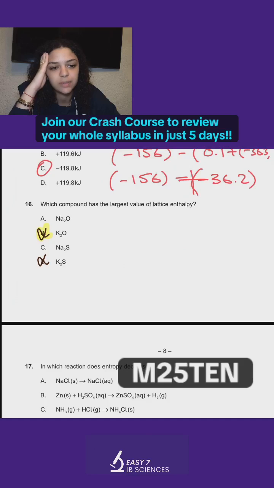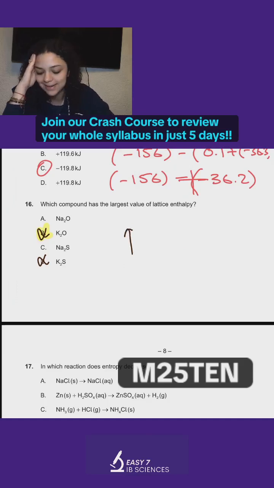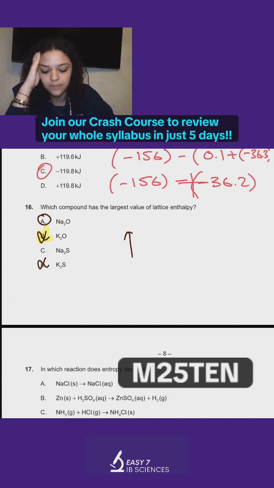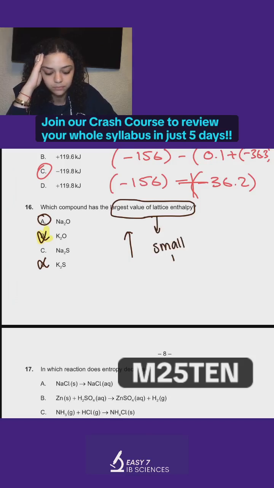Can you do this question step by step? Because I don't understand it. Do you mean this one or the previous one? So A, good job, exactly. That's why my answer is this one. Okay, so the largest lattice enthalpy value is just dependent on something that has a small radius and large charge.